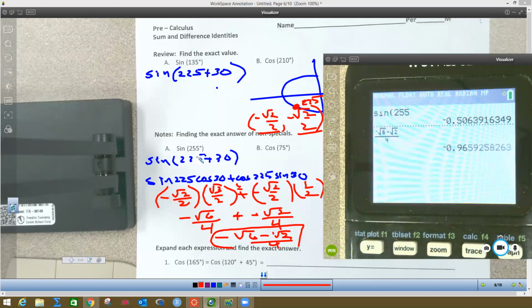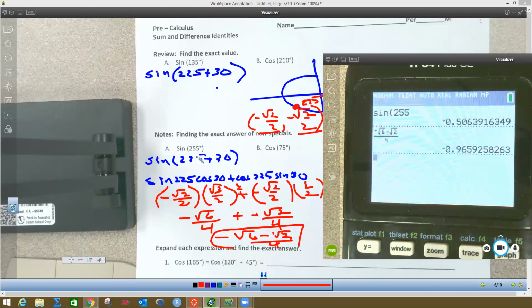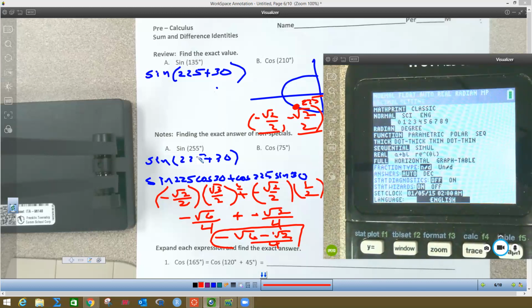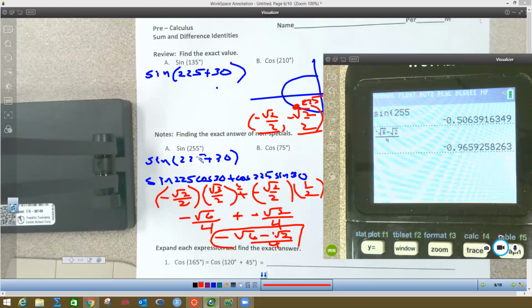Hit enter and look at my decimals. Okay. I forgot to do the first thing. Okay, so we'll hit enter again. There we go.